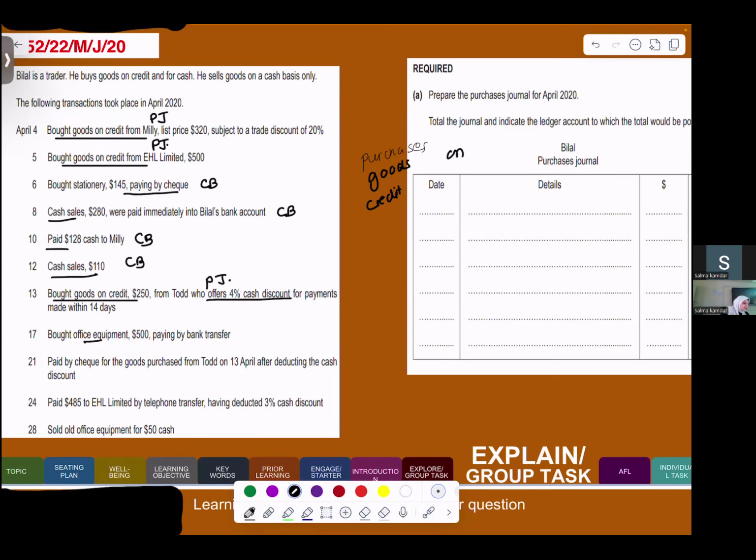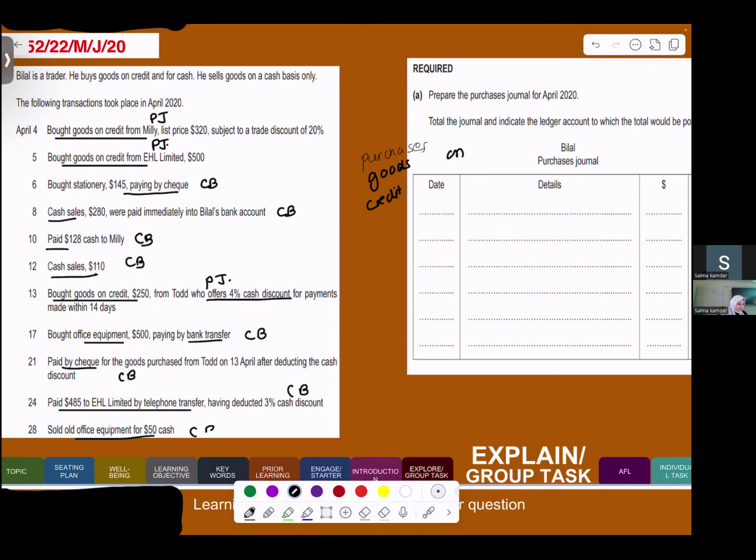Bought office equipment by bank transfer, cash book. Paid check, cash book. Paid by telegraphic transfer, cash book. Sold office equipment, cash book. I am only supposed to record bought goods on credit. So I have only 3 things to record.